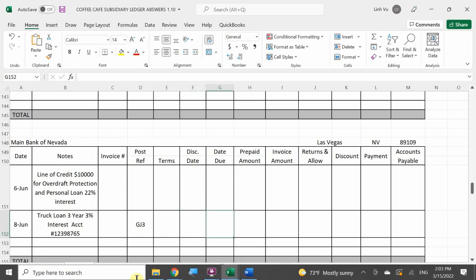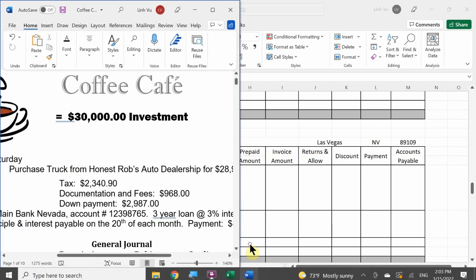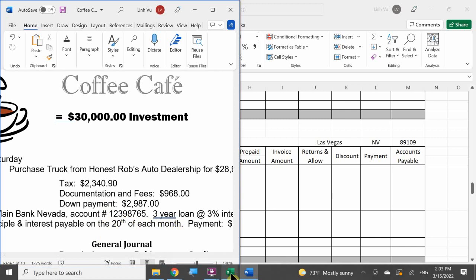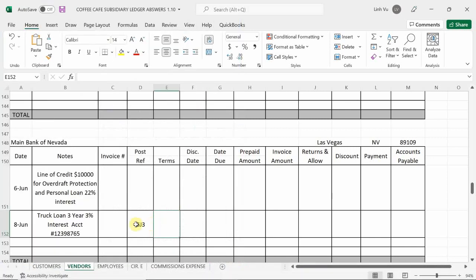No terms yet because you haven't received your bill yet, but you do have a date-driven term. That means every payment, every month, is going to be due on the 20th of each month. So your net is going to be date-driven, saying it's going to be due on the 20th of every single month.